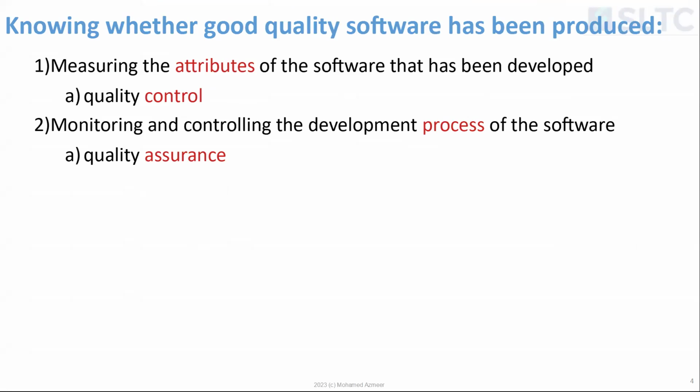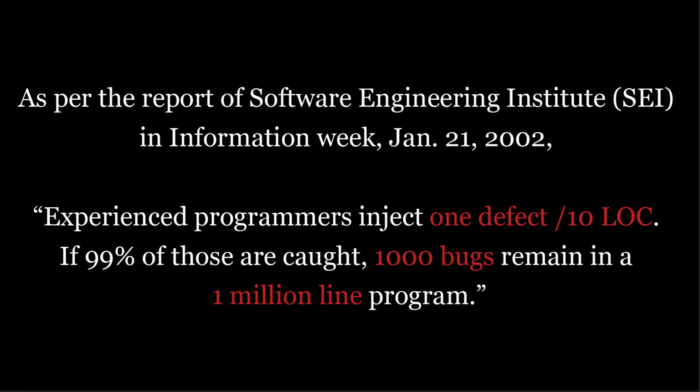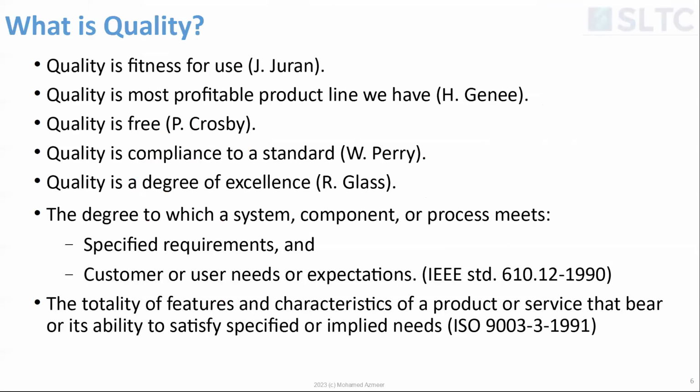In the meantime, we also realized there are two things that were required. One is measuring the attributes of the software, what you can see, and also monitoring the development process of the software. That is how you build this, right? That is quality assurance. So that's a difference between quality control and quality assurance. And then we also looked at different definitions of quality. What is quality?